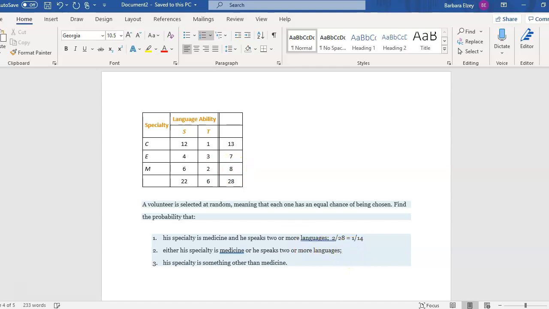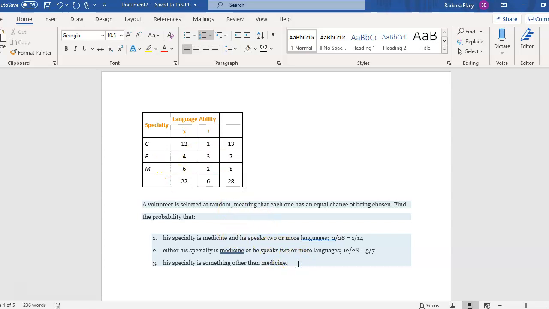So that's 8 plus the additional people in the column that have T, that have two or more languages. Now, we have to be careful. We've already used this 2 because that was part of this 8. So we really just need this 1 and the 3 that's left, so that's 4 more. That's 12 total, the 8 plus the 4, 12 total out of 28. And we can reduce that. 4 goes into the top 3 times and into the bottom 7 times.